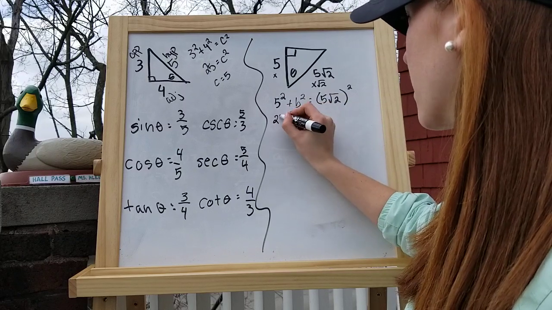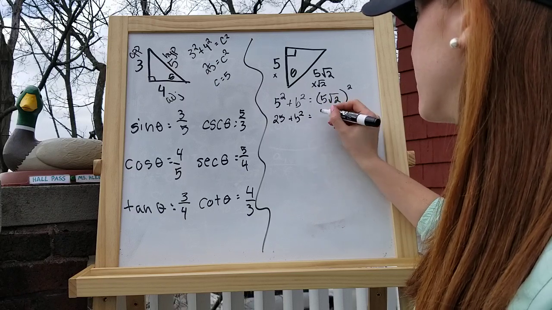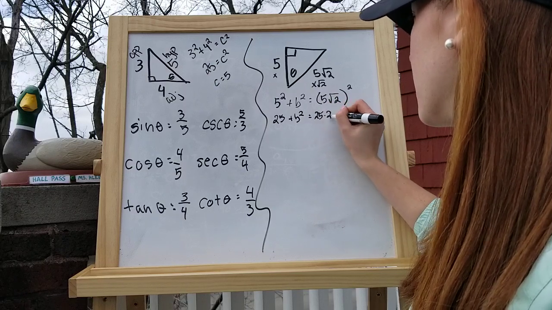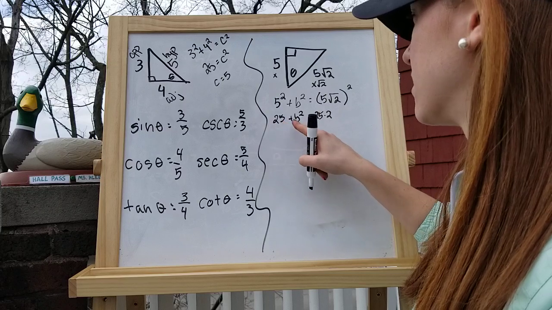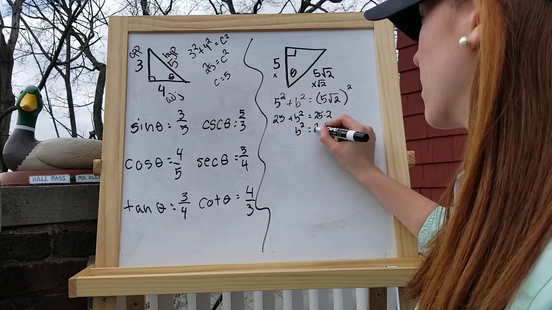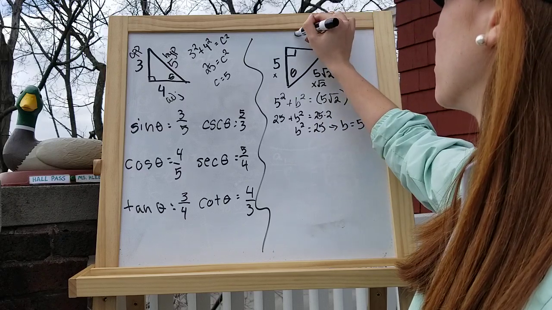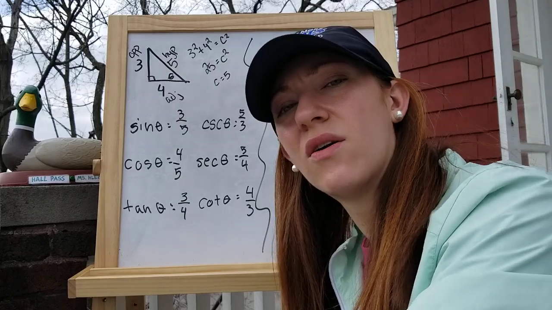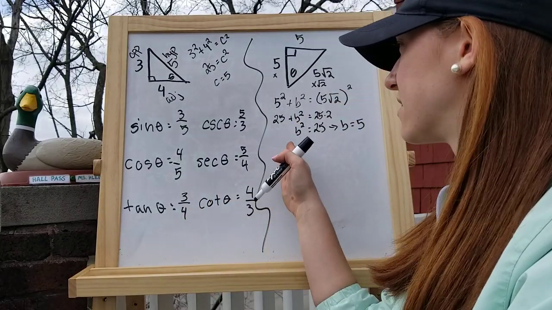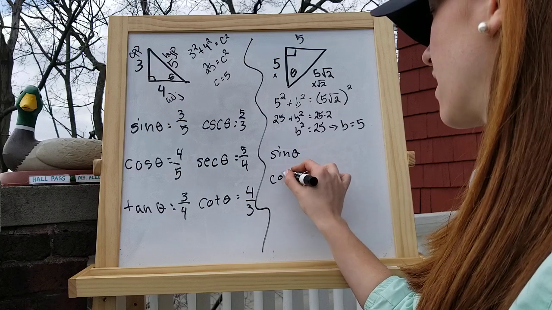So this is 25 plus b squared equals 25 times 2, or 50. When I subtract 25, I get b squared equals 25 again, which means b equals 5 when you take the square root.